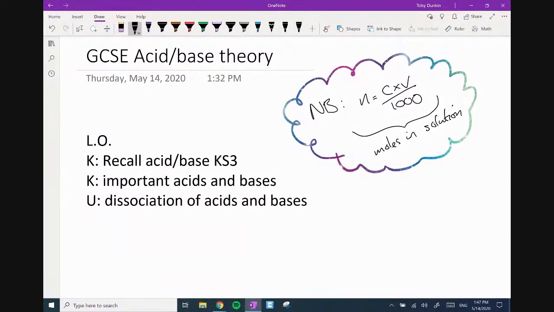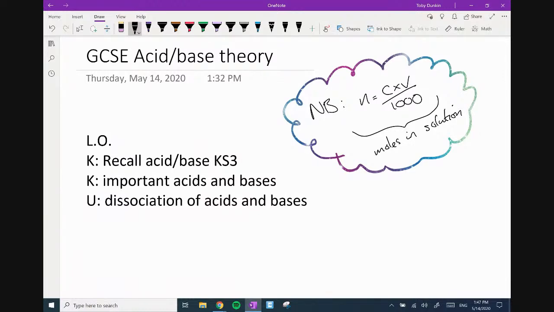Metal plus acid goes to salt and hydrogen, metal oxide or hydroxide plus acid goes to salt and water, metal carbonate plus acid goes to salt, water, and CO2. We've already covered that, but that's all part and parcel of this topic. So you get a good bit of reinforcement.